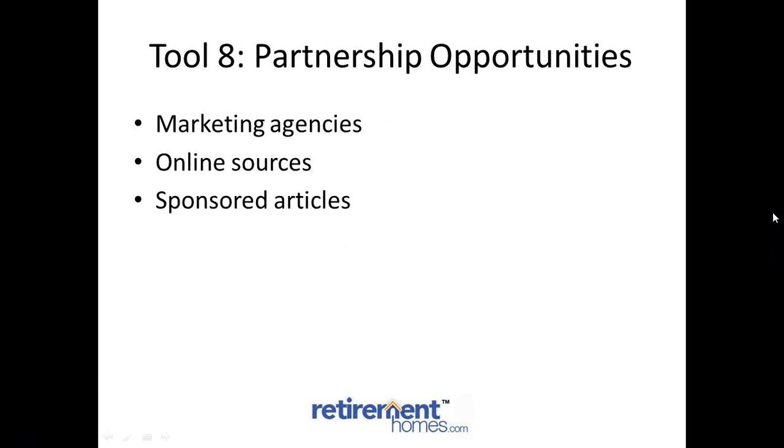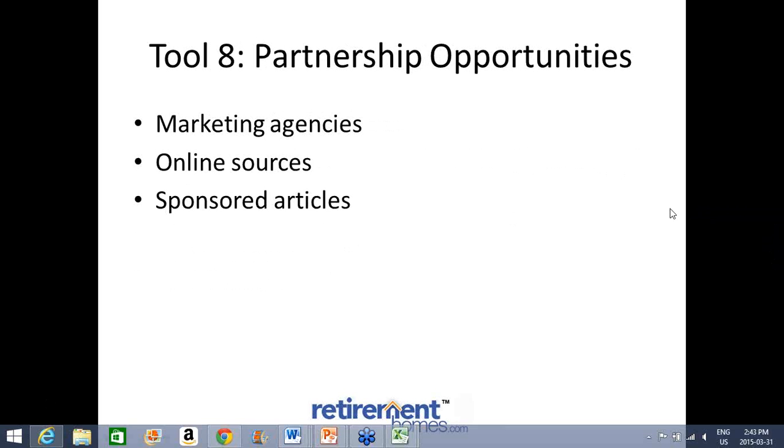This is really more of a philosophy: always be on the lookout for opportunities where you can find people who need you as much as you need them, who can send you leads, referrals, and clients in the same way that you can send them. So it's about constantly being on the lookout.